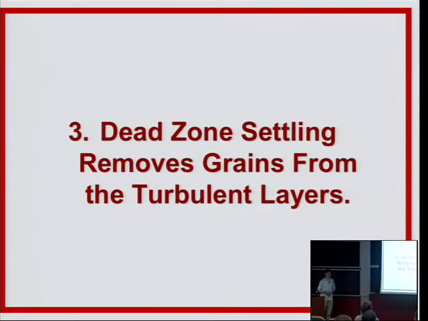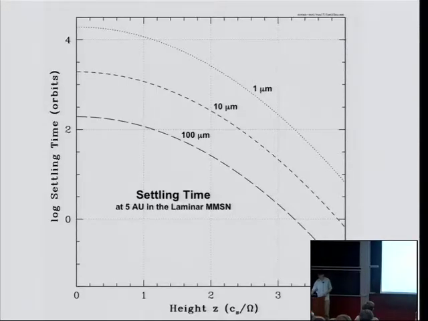So now I want to add one more level of complexity to the calculations and include settling. So now we have grains, but they're a separate fluid from the gas, and they settle at their terminal speed relative to the gas. First, let's look at settling timescales in the laminar minimum mass nebula.